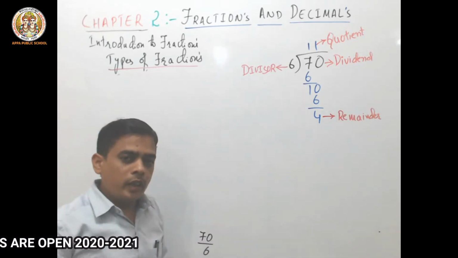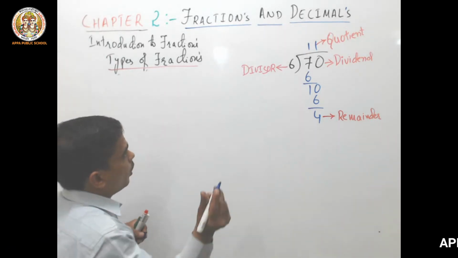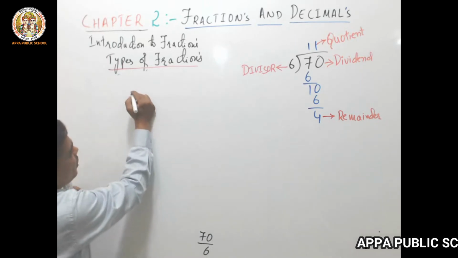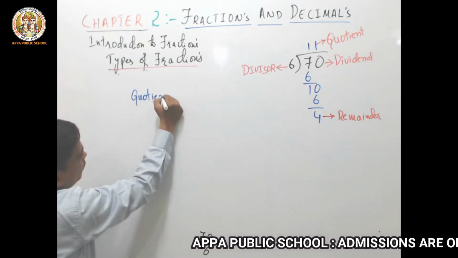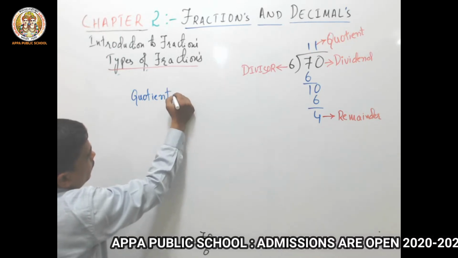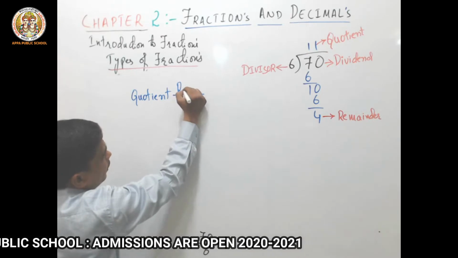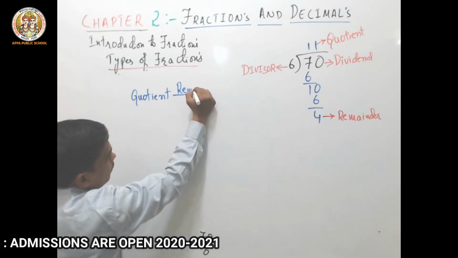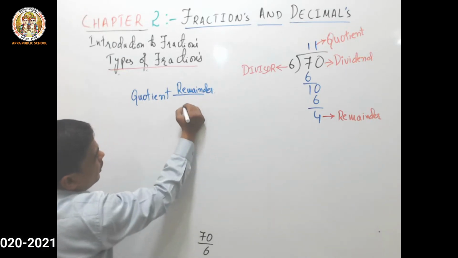So, how to write an improper fraction as a mixed fraction? We'll write the quotient here, and here I will write the remainder divided by the divisor.